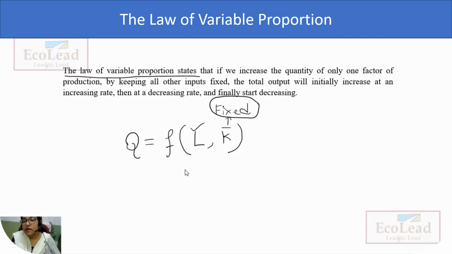The total output will initially increase. So it is saying that the impact of L on the output, total output. It states that by keeping all other inputs as fixed, that we have considered here K bar as fixed, the total output will initially increase at an increasing rate.